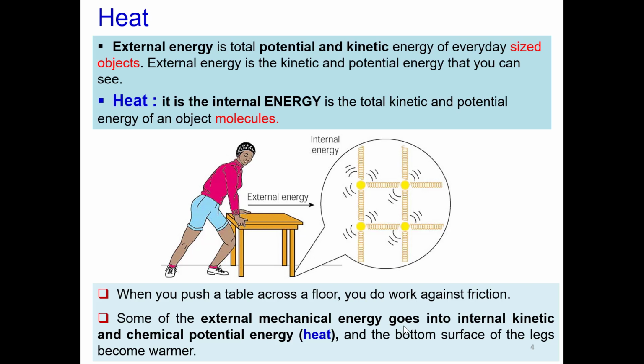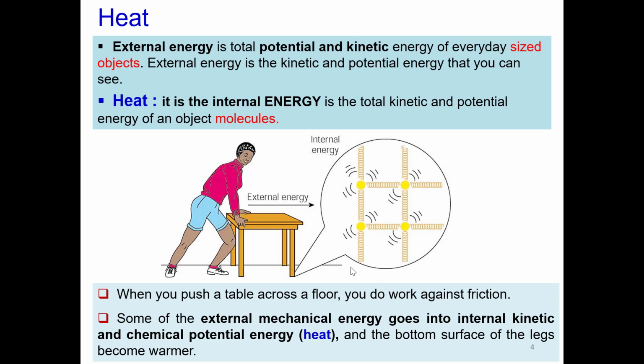It's converted into kinetic energy because we can see the table is moving. But also, the bottom surface of the legs becomes warmer. Part of the work we are doing on the table is converted into kinetic energy, but part of this work is converted into heat.